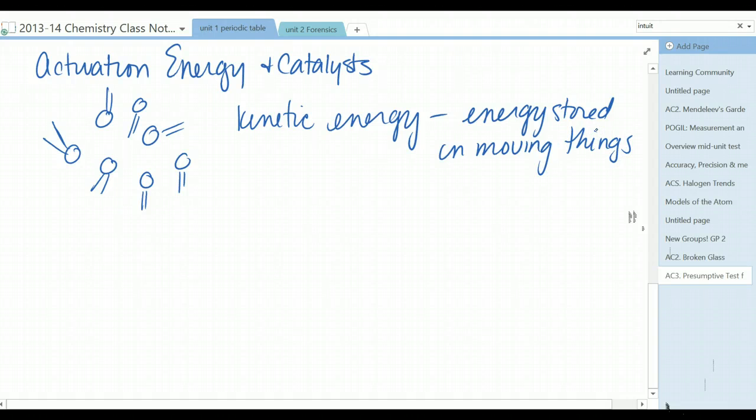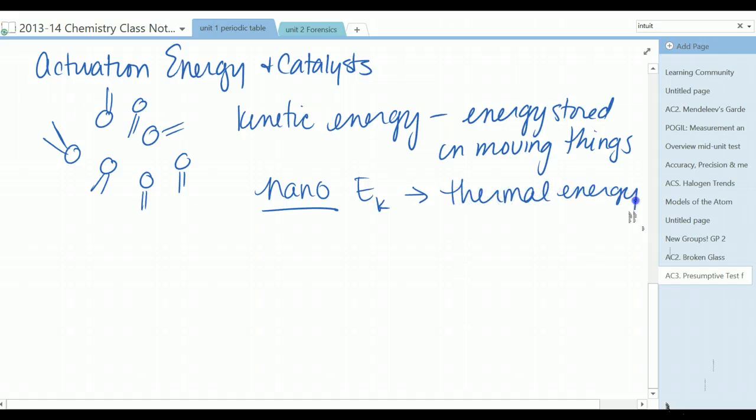Recall, those of you that had the physics class here, that when we get down to the nano level, kinetic energy is what we call thermal energy. Okay, it's that energy stored down in the particles that are moving. So in chemical reactions, what we have going on is that these substances that are mixed together are moving.